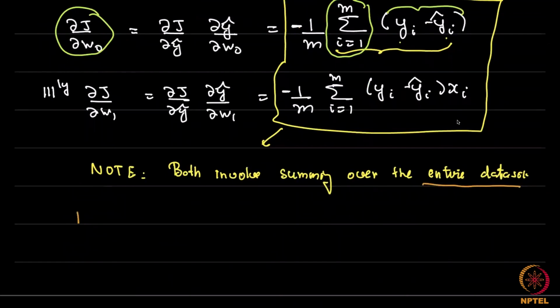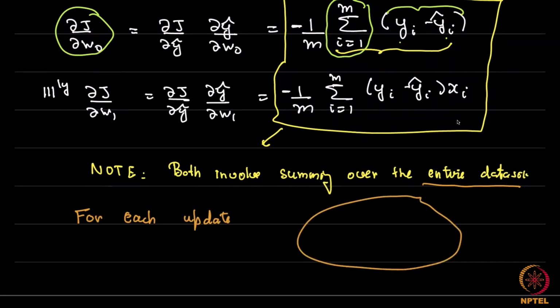For what? For each update. What does that mean? So remember, I had given you a short example of gradient descent earlier also. Suppose you start in W0, W1 axis, and you're starting with some initial guess. Let's say this is the guess 1, 1, and you move to a different point and say this is the optimal point, which is 1.1, comma, let's say 0.8.